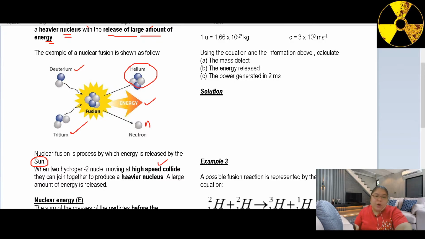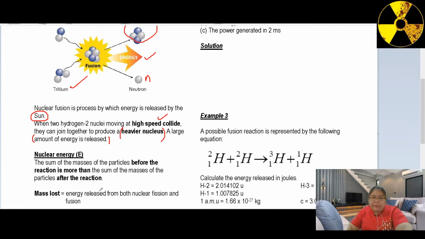They will join together to produce a heavier nucleus. When they join to become the heavier nucleus, a large amount of energy also will be released. So this energy release, they take it as solar energy.